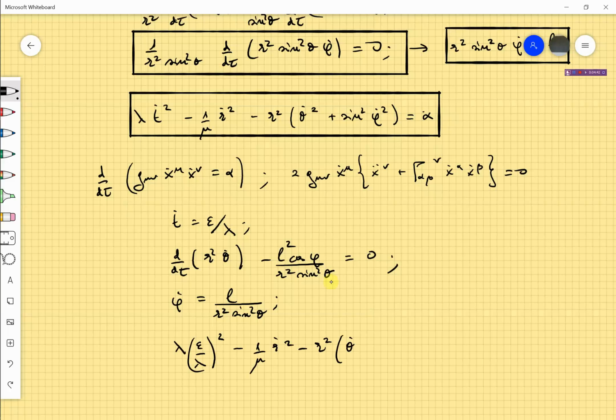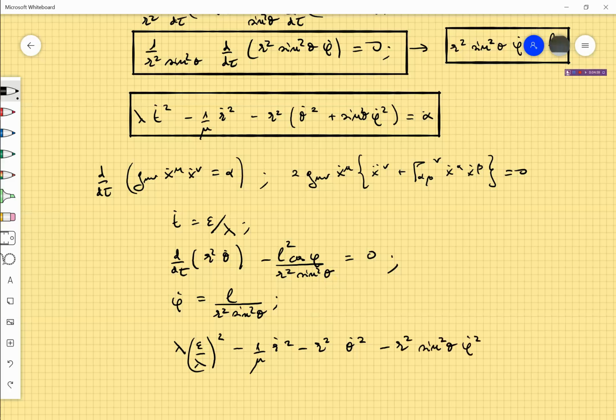Okay, theta dot stays as it is. Sorry, there is a theta missing here. And maybe we split this equation like this.